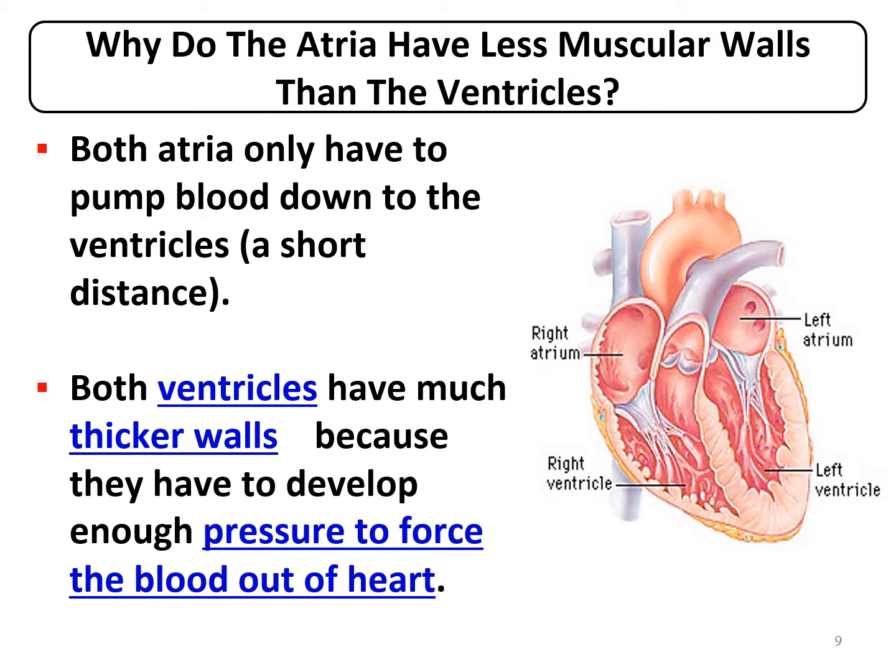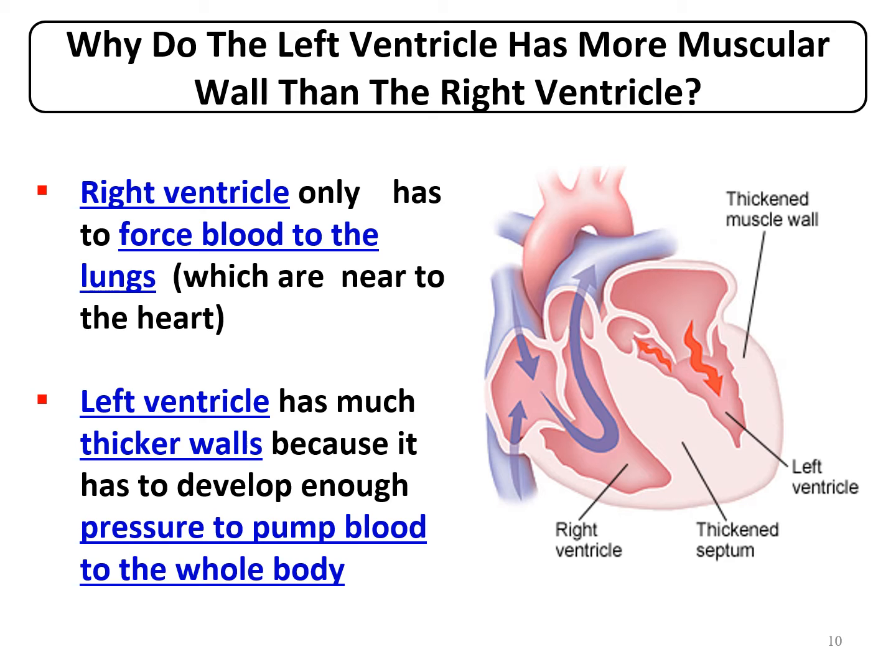Functionally, atria only pump blood into the ventricle, so it is a short distance pumping, while ventricles have much thicker walls because they need more force to develop higher pressure to force the blood out of the heart into the lung or throughout the body. So the distance of the journey of the blood is longer. The right ventricle has a thinner wall than the left ventricle because the right ventricle only forces blood into the lung, while the left ventricle will force blood throughout the whole body.